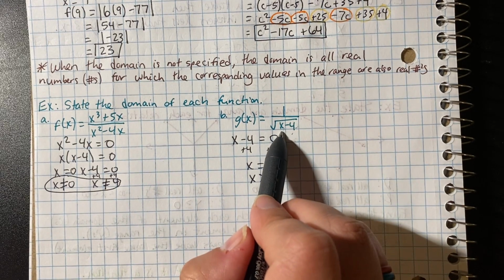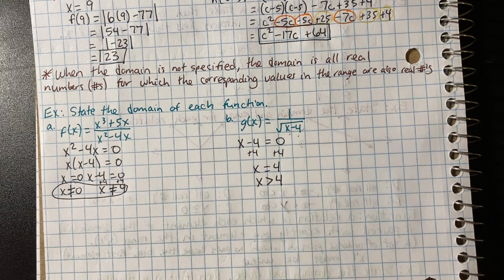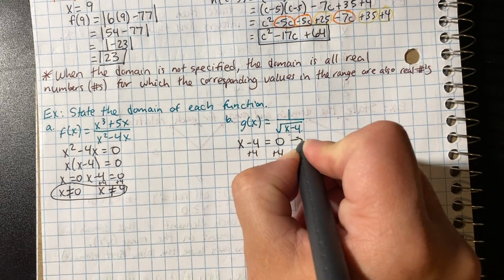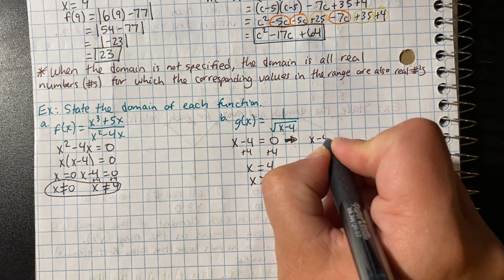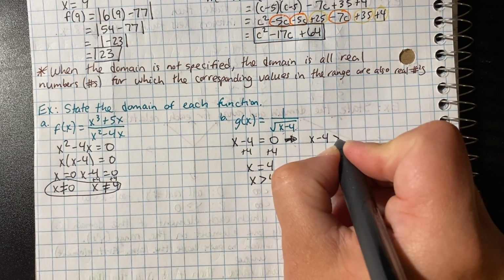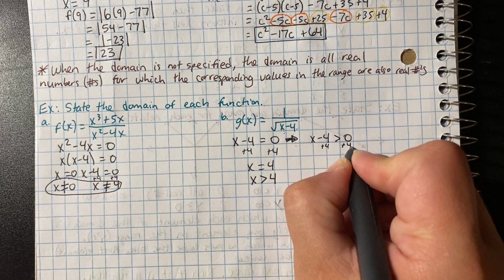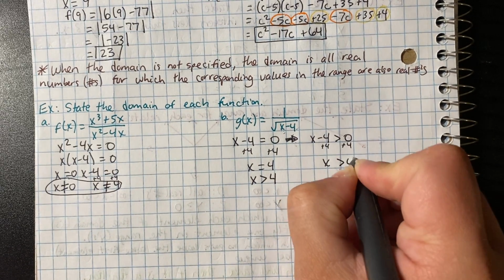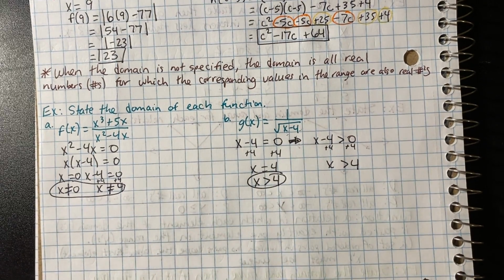Can it be 4.1? Sure, because then the bottom's going to be the square root of 0.1, and that's okay. At this spot right here, we could have also written x minus 4 has to be greater than 0. And when we solve that inequality, we would have gotten the same answer. Okay, so that's our domain.